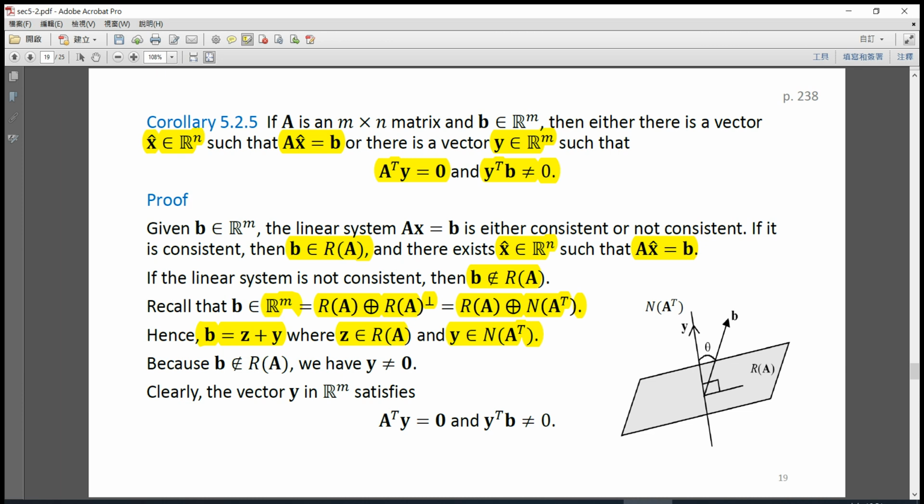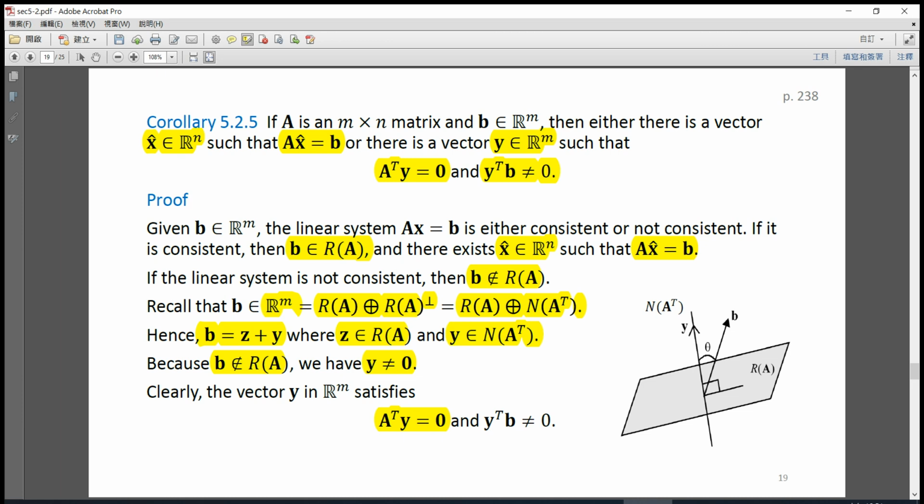Because b is not in the column space of A, we have y is not the zero vector. And clearly, the vector y satisfies the following two conditions. The first condition, A transpose y equals the zero vector, means y is in the null space of A transpose.